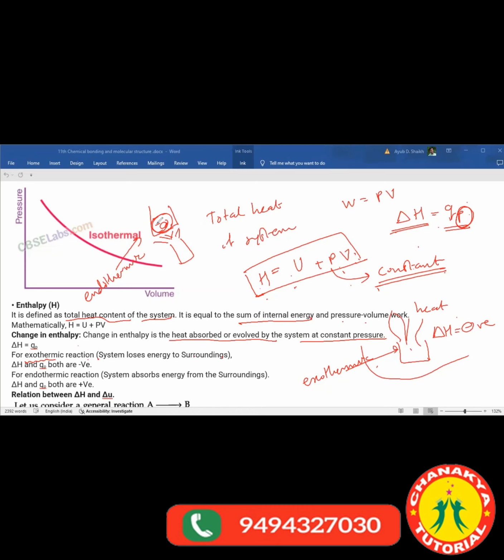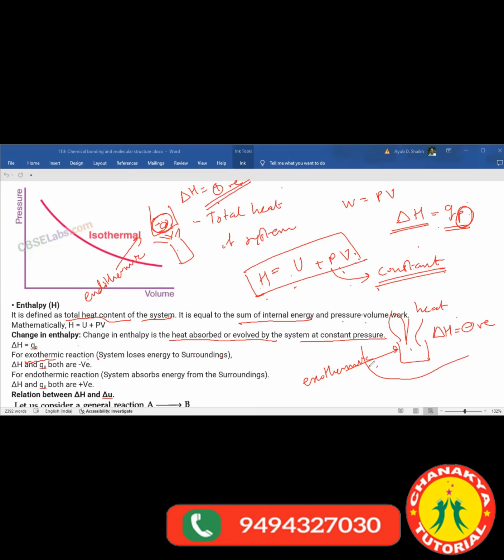And as it absorbs the heat, your change in enthalpy would be positive. Because change in enthalpy is nothing but final enthalpy minus initial enthalpy. If you're providing heat in an endothermic reaction, your final temperature is more as compared to your initial temperature. So obviously the value which you will get would be positive.